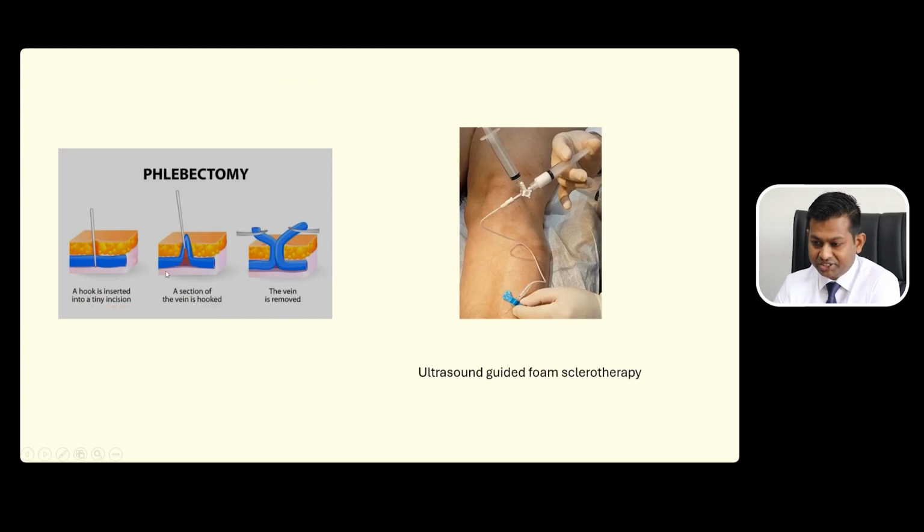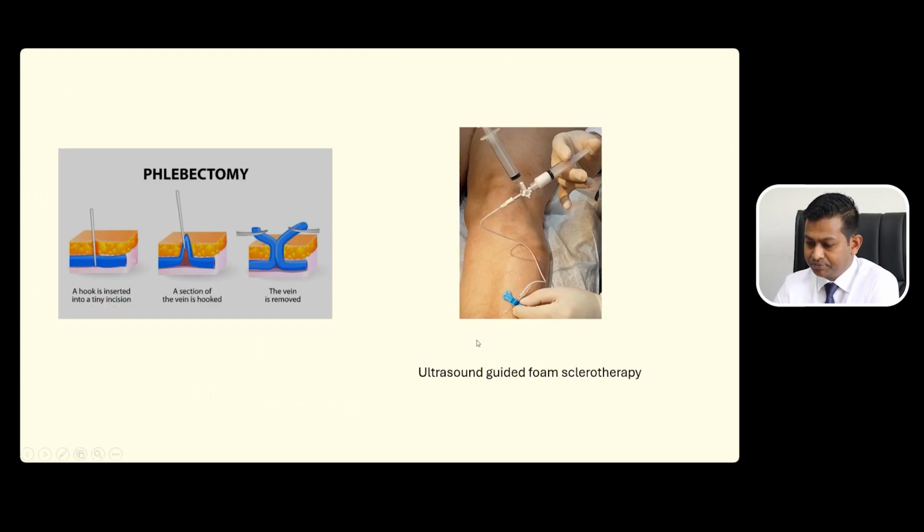There's no need to be afraid. There are no major cuts. If done properly, it's going to be a 2 millimeter cut. Rather than a cut, I would say it's a stab. Means a nick, in other words. So it's going to heal within 2 to 3 days. By the time we open up the dressing, there are no wounds, no stitches. That's what we do.